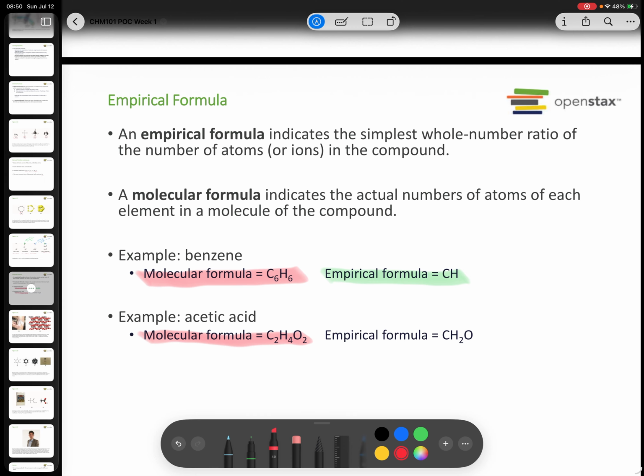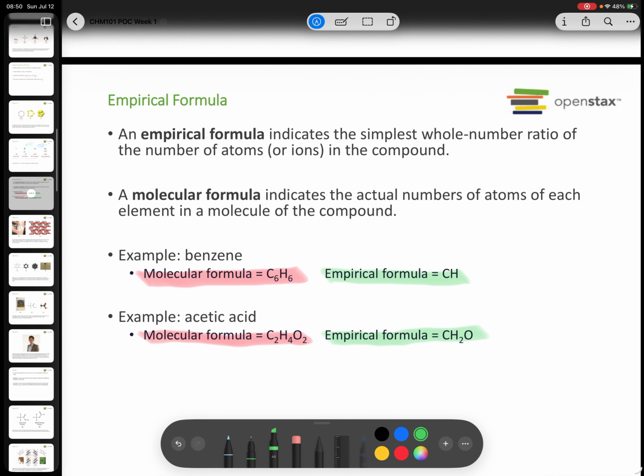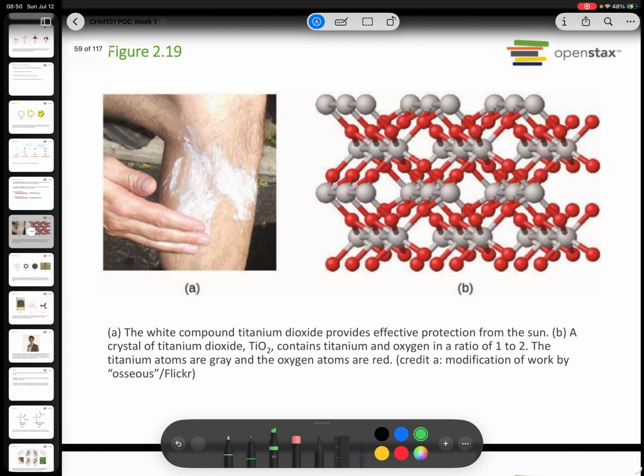Divide all the subscripts by the simplest whole number ratio possible, which is 2, and the empirical formula becomes CH2O. So the 2:4:2 ratio simplifies to 1:2:1. Okay? That is all empirical formula is.